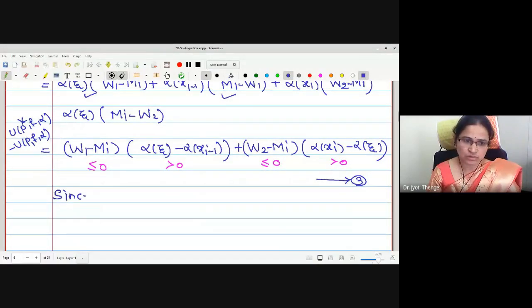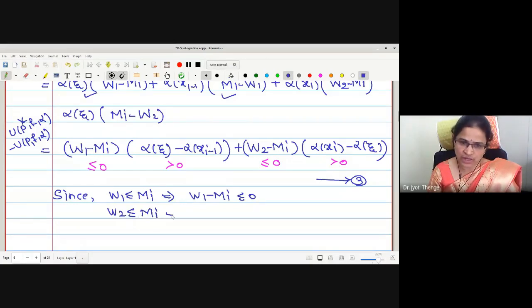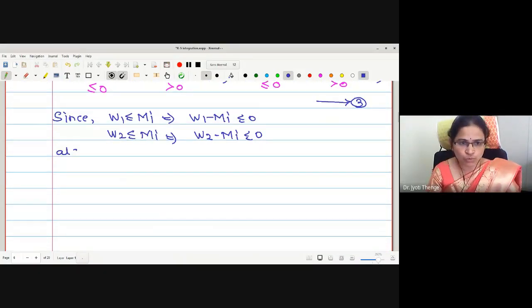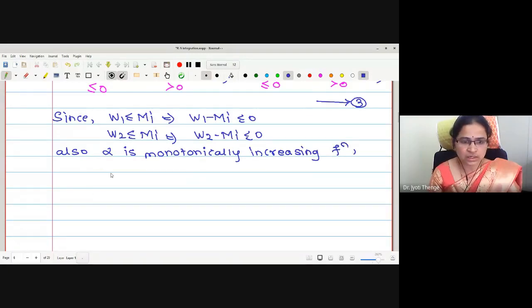W1 is less than or equal to mi. It implies W1 minus mi less than or equal to 0. W2 less than or equal to mi implies W2 minus mi less than or equal to 0. Also, alpha is a monotonically increasing function.